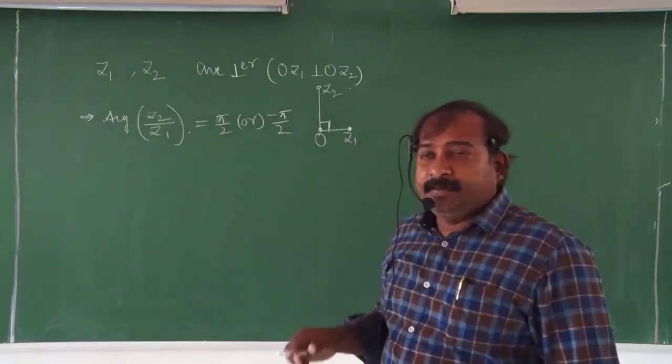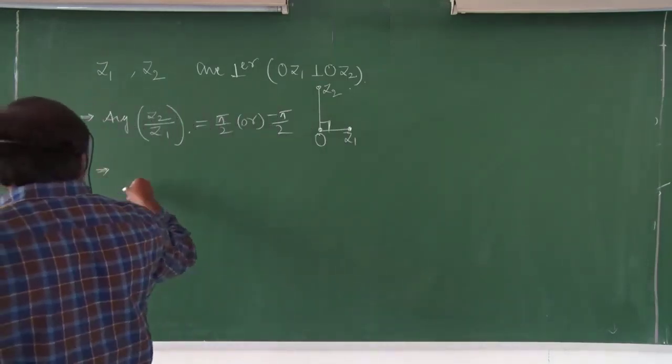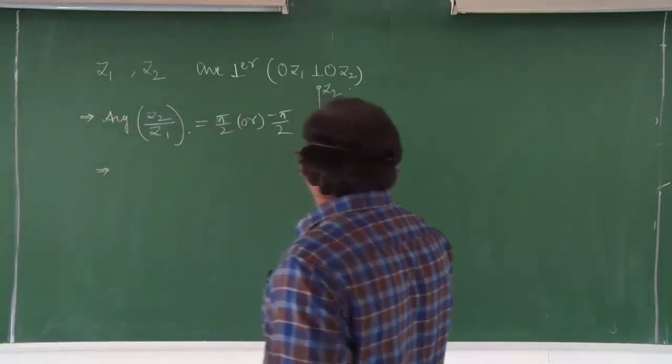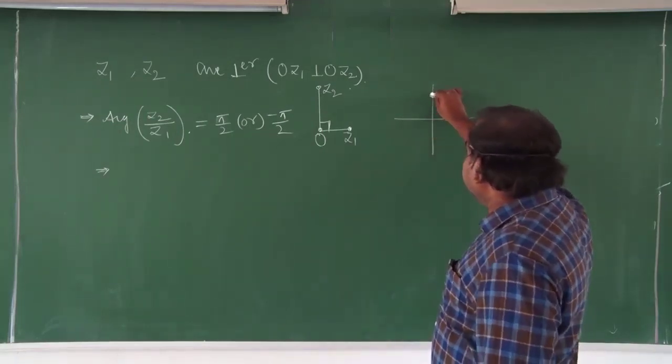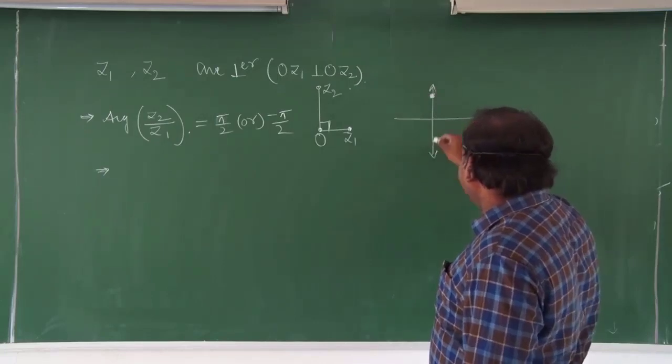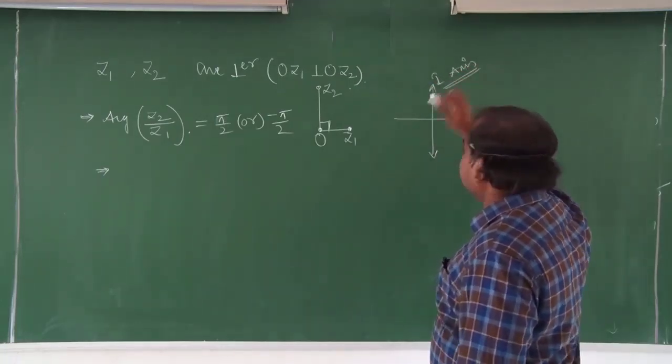Then how are they related? Listen, ma'am. From this one, the argument is pi by 2. For any complex number here on the imaginary axis, this is nothing but the imaginary axis.